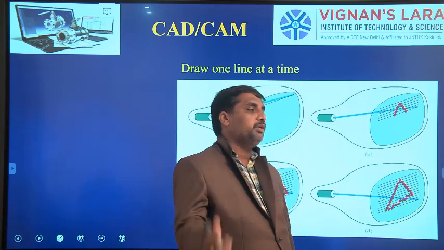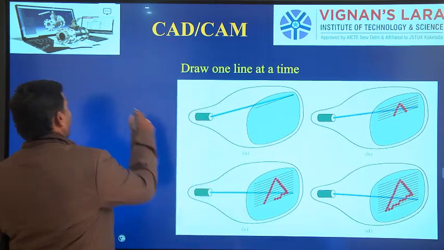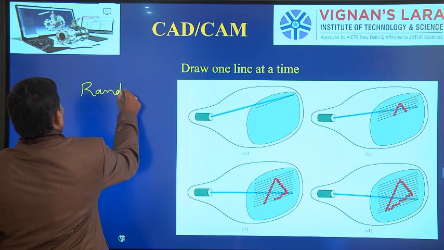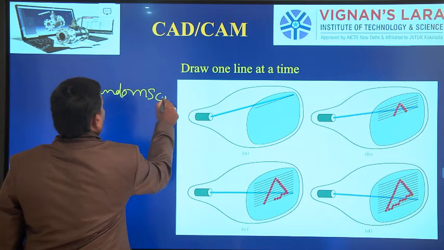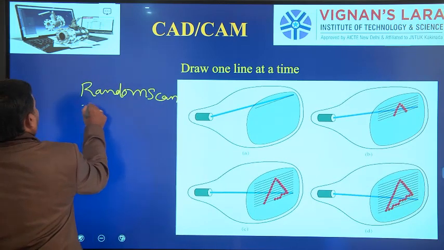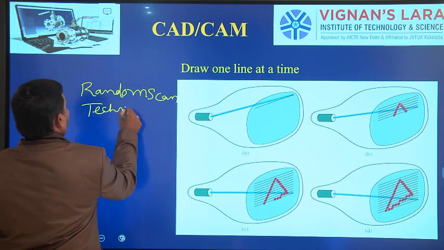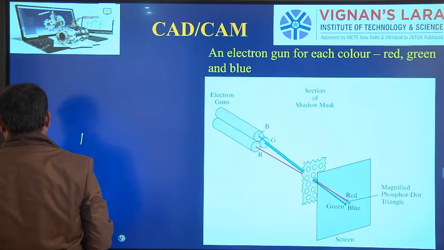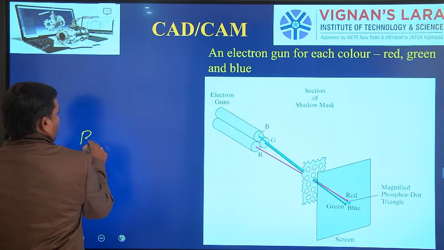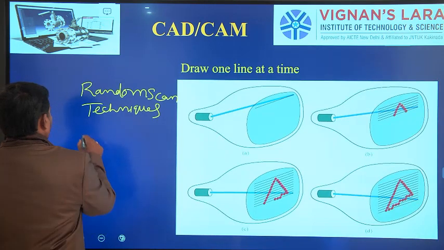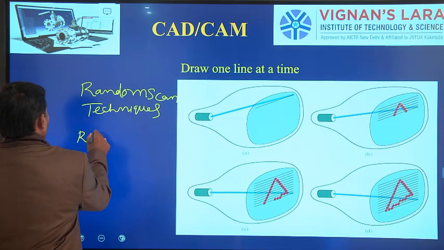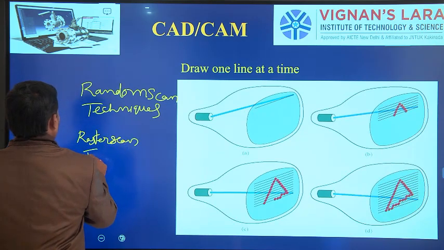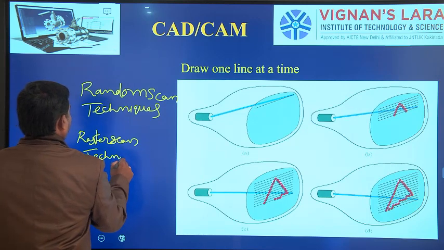There are two types of image generation techniques. One is the random scan technique. Another one is the raster scan technique.